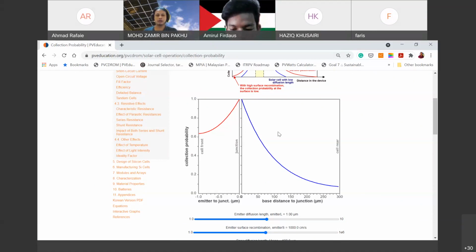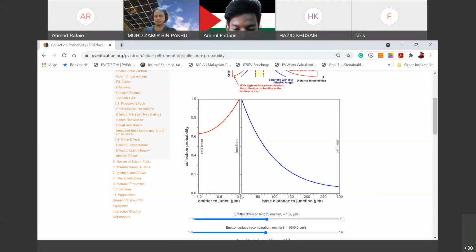So let's look at the effect if you vary the emitter diffusion length. Emitter is the region with the red graph here. Emitter distance to the junction is labeled here on the left, and on the right, base distance to the junction. Base is the whole thing here to the junction.